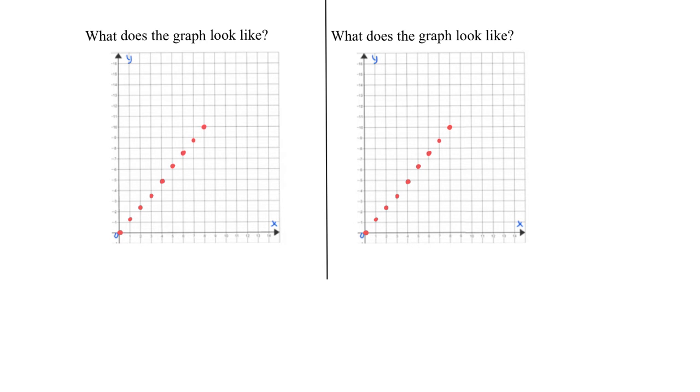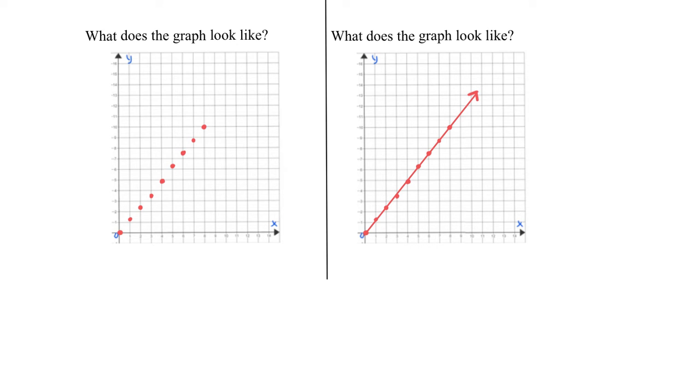In the case on the left-hand side, we only include the dots because the values in between don't make any sense. You can't buy 1.5 bags. Whereas over here, you can buy 1.5 pounds. So on the right-hand side, not only do I have to draw the dots, but I also have to draw the line connecting them because every single value would make sense even between the dots.